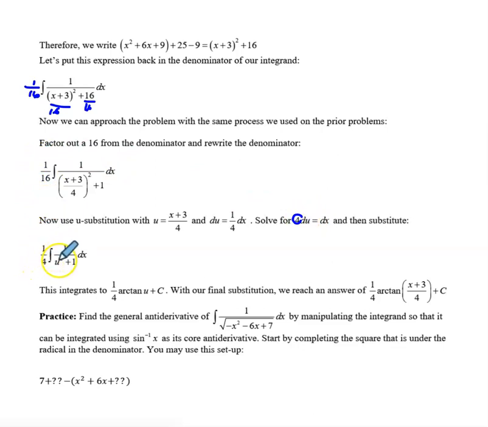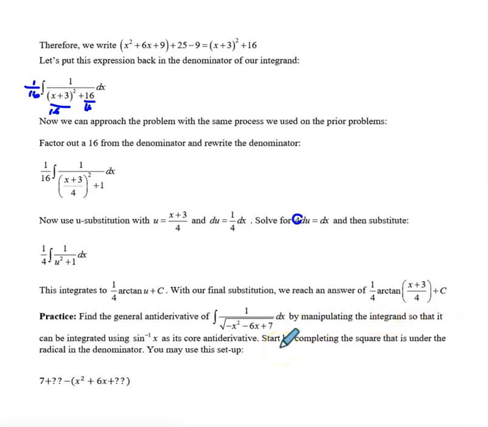And for the x plus 3 over 4, I sub in a u. Now I have a fairly standard problem using arctan, because 1 over u squared plus 1 integrates to arctan of u, and I have a constant of 1/4 out in front. We do a final substitution for u, which of course was x plus 3 over 4, and we have our final answer of 1/4 arctan of x plus 3 over 4, plus c.